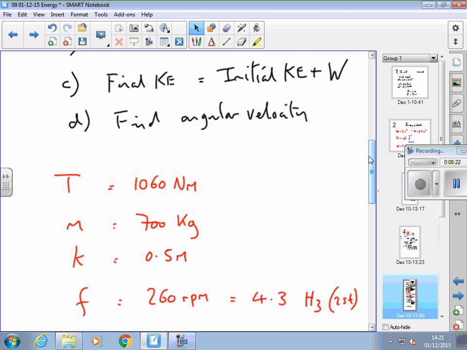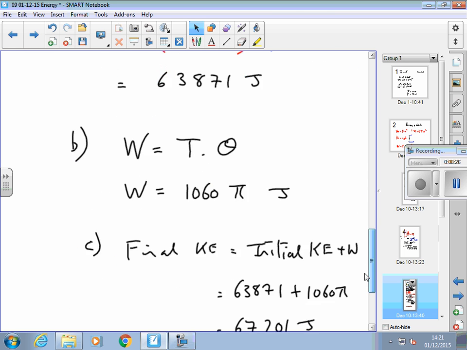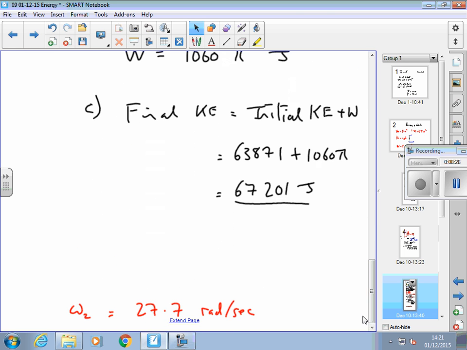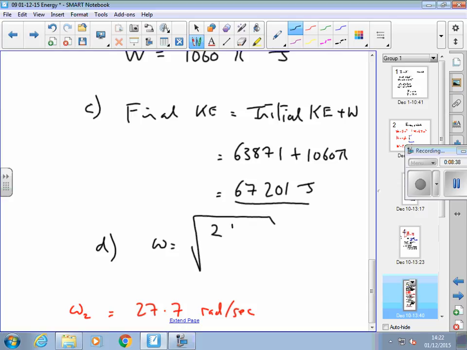So now we want to find the angular velocity. So now we use the formula for angular velocity: the square root of twice the kinetic energy divided by the mass. But in this case, that's going to be I, the moment of inertia, isn't it?